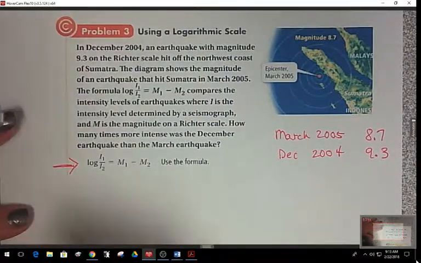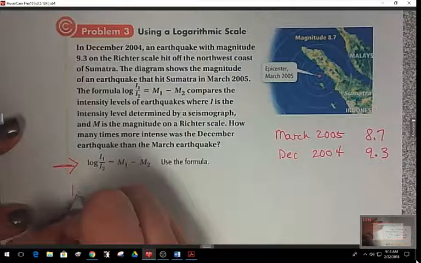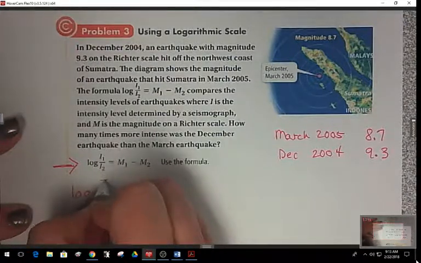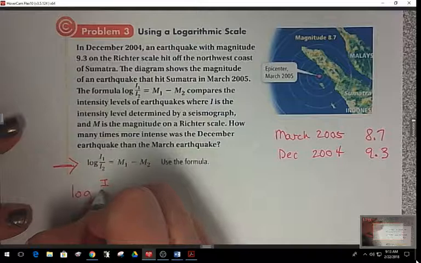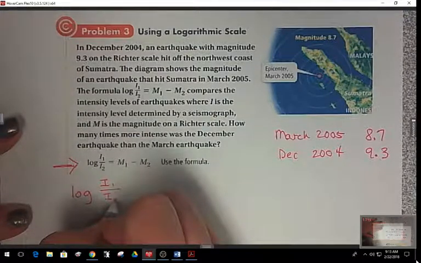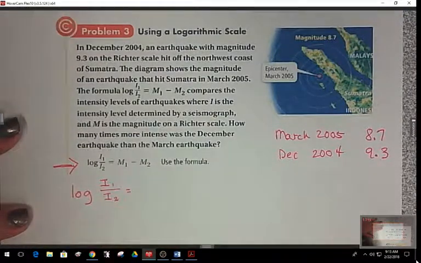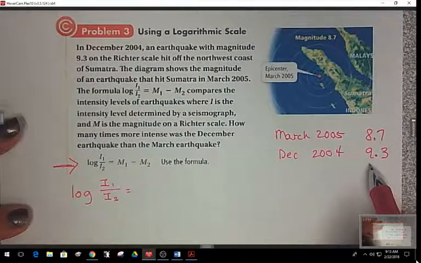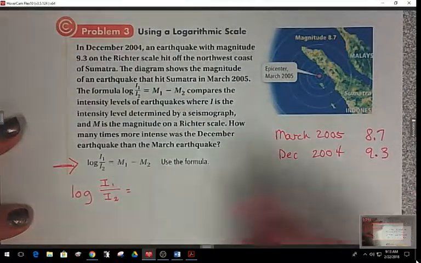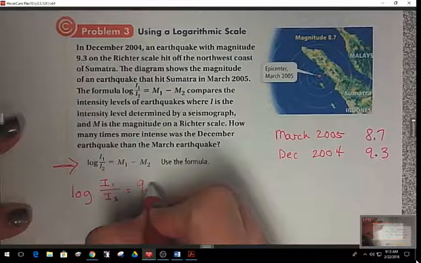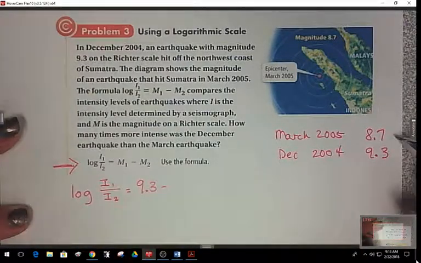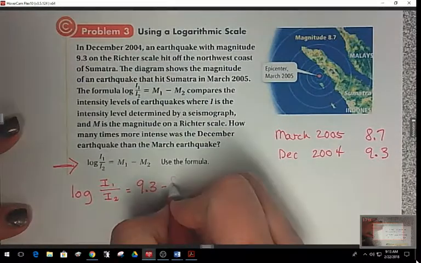So what we're going to do is work this problem. I'm going to do the log of I sub 1 over I sub 2, and then I'm going to do the magnitude of the first one, which occurred in 2004, minus the magnitude of the second one, which occurred in March 2005.